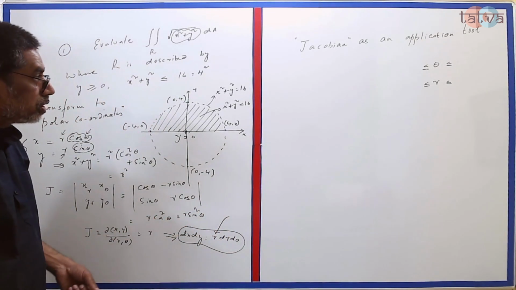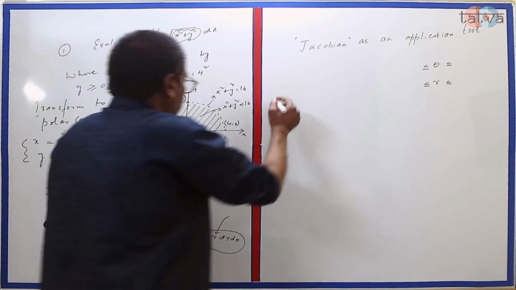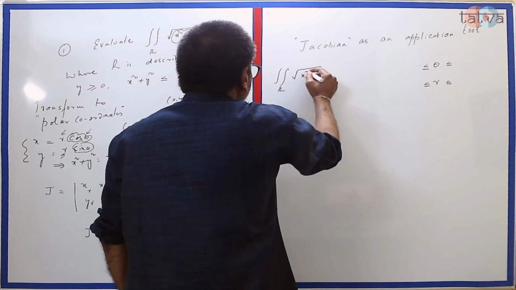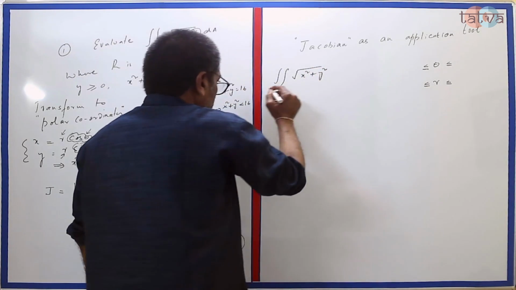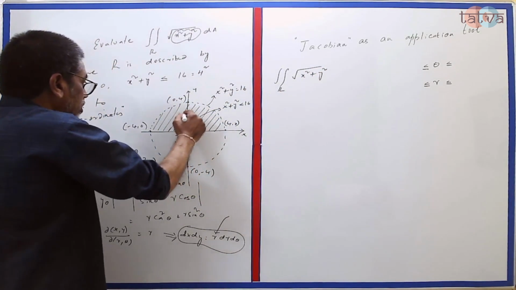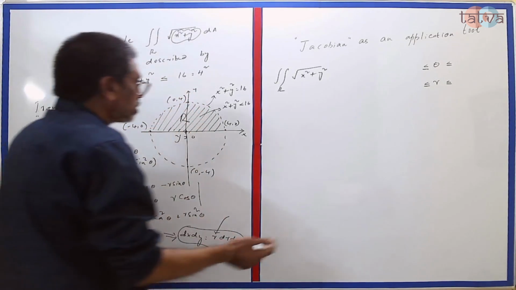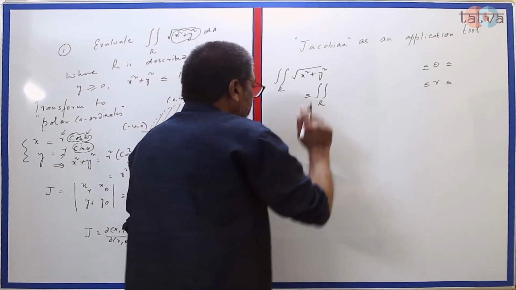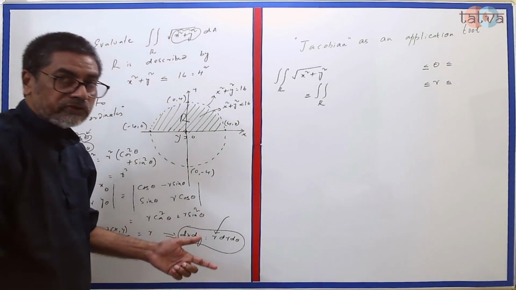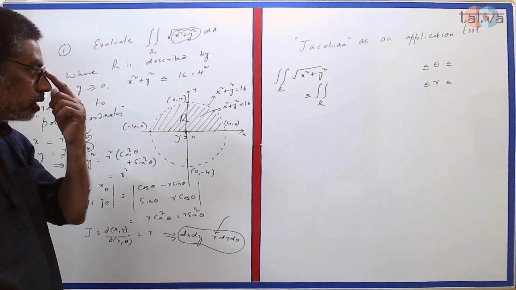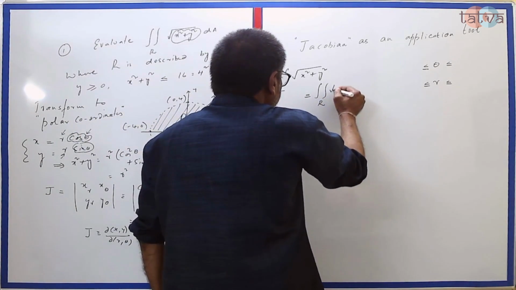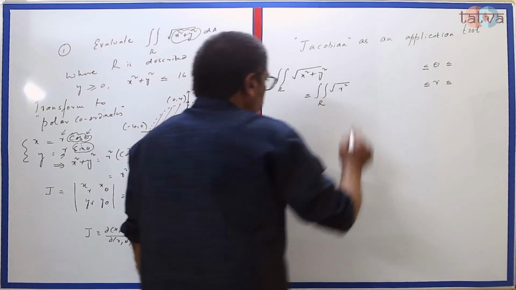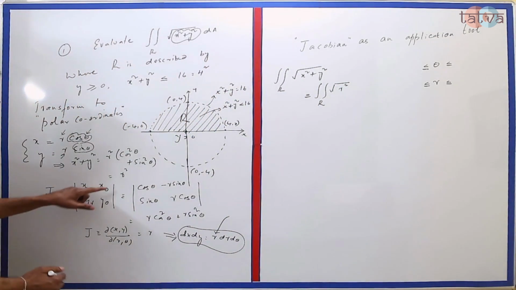That is J. So this double integral of square root of x squared plus y squared over r, where the region is this upper semicircle, would be no change in the region, because simply because you change the variables, the regions don't change. But the variables are going to change. Square root of x squared plus y squared is square root of r squared. That is already explained here.